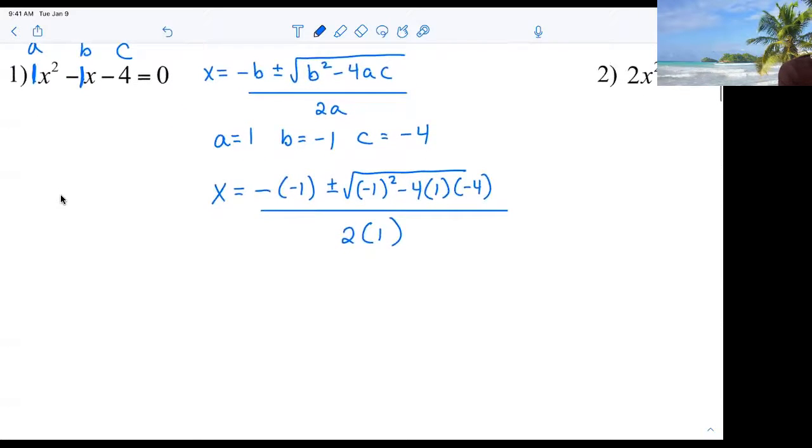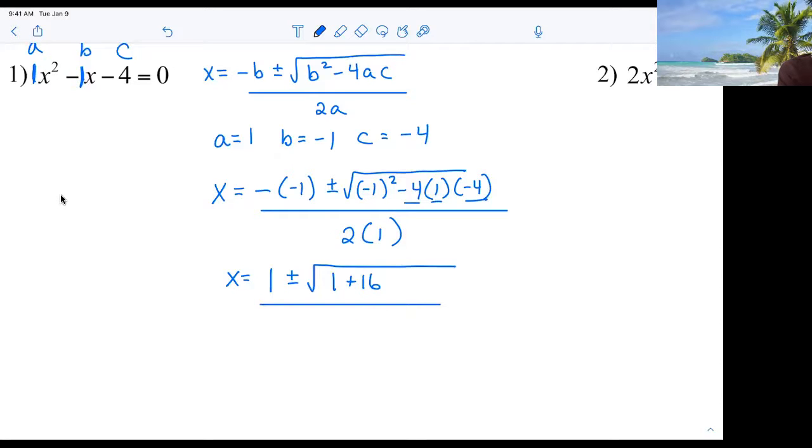So from there, x equals -1 is +1. 1 plus or minus square root. What's -1 squared? 1. What's -4 times 1 times -4? +16.